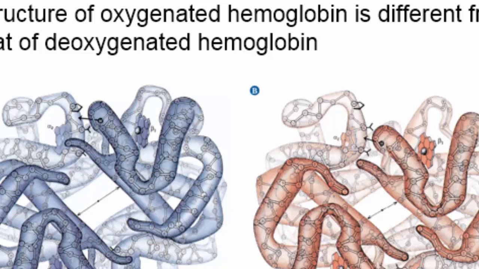So here the two beta chains are much closer to each other in oxygenated than in deoxygenated. And the change is so marked that these two forms of hemoglobin have different crystal structures that can be seen here.